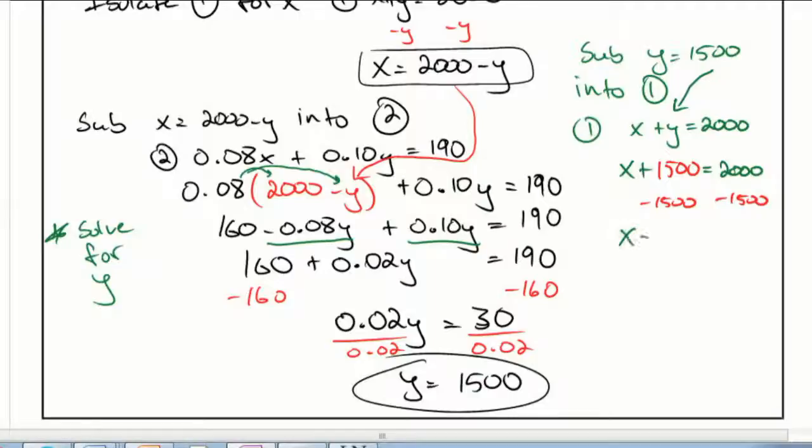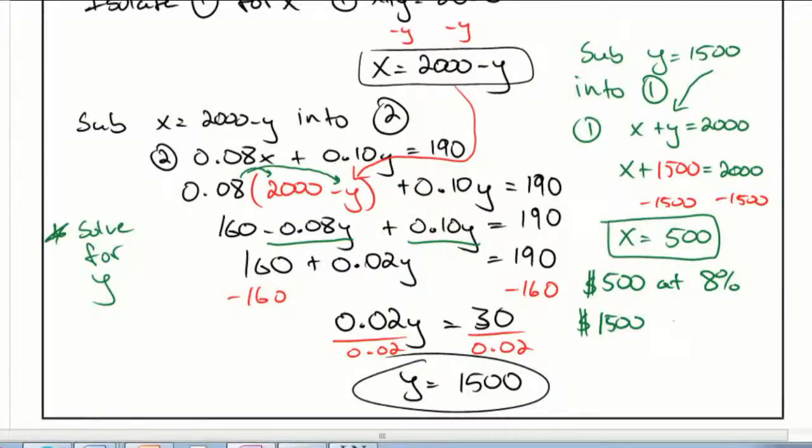And I'm going to get x is equal to 500. All right, so we have an x, we have a y, and we should write an answer. So it looks like we have $500 at an 8% interest rate, and we have $1500 at the 10% interest rate.